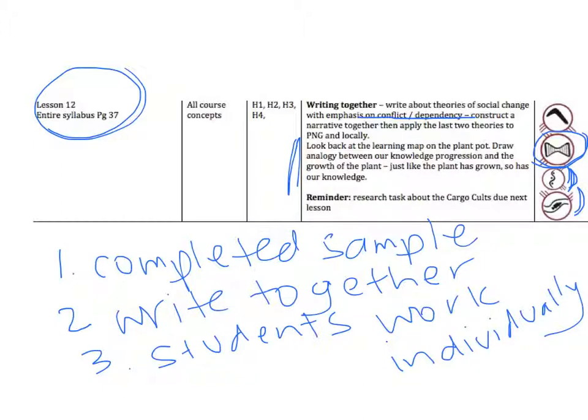So we're also wanting to construct this very much as a narrative. So we're going to look at the stories that we've looked at over the first 37 of page 37 of the syllabus, and you know from the lessons that we've just done that a lot of our knowledge has been constructed through narratives.